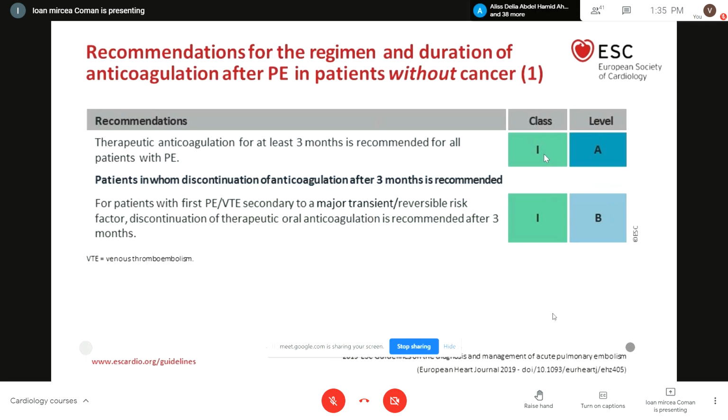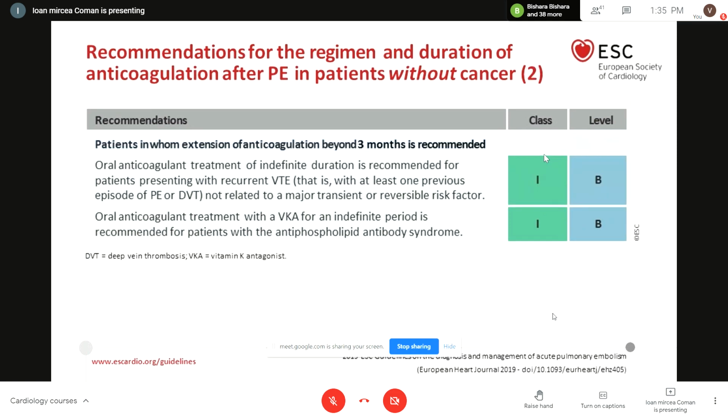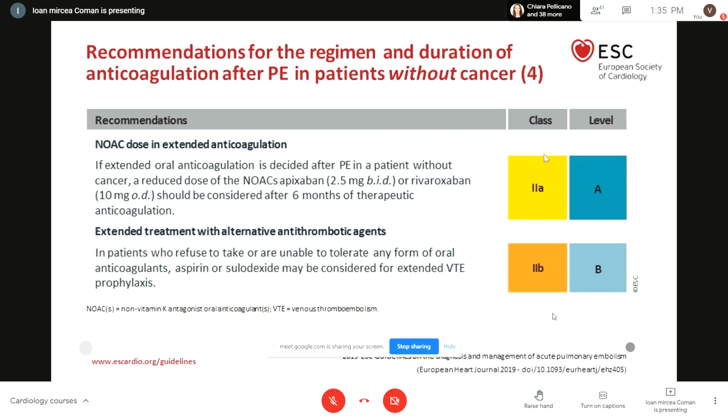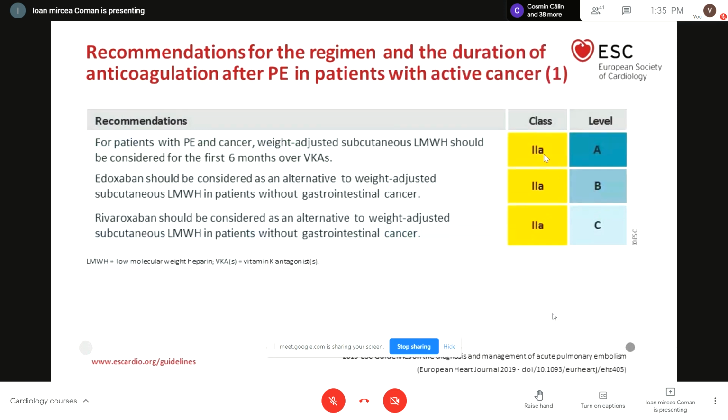This is the time for anticoagulation recommended by the guidelines, and you see, yes, at least 3 months, but longer anticoagulation is recommended in various conditions. We shall not cover all this data because it's a bit more complicated and it is quite late.